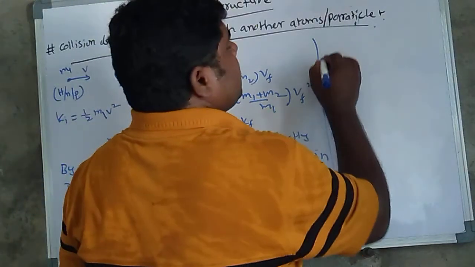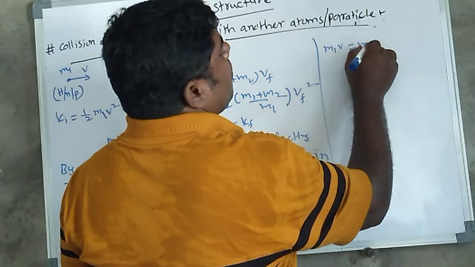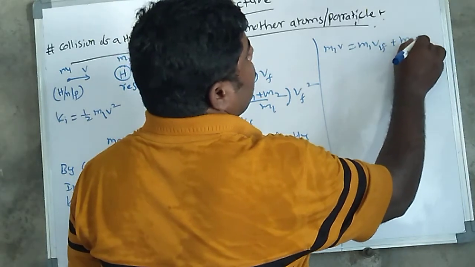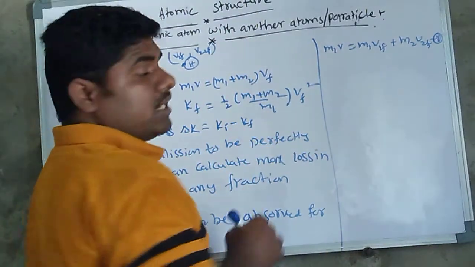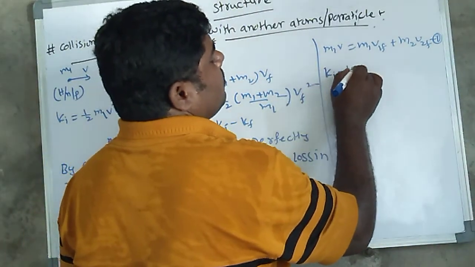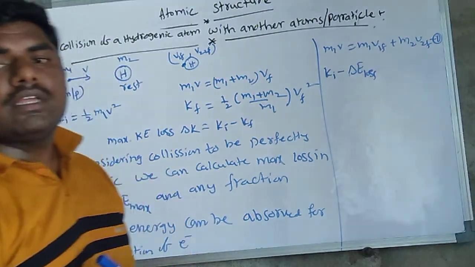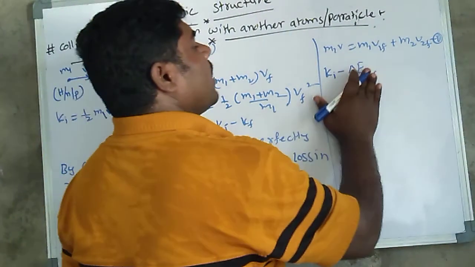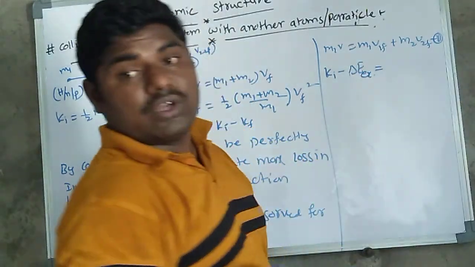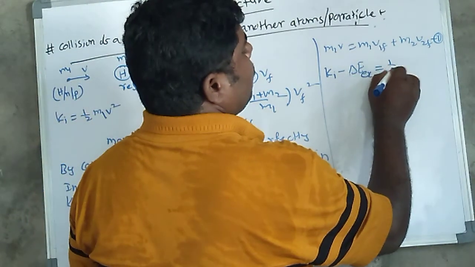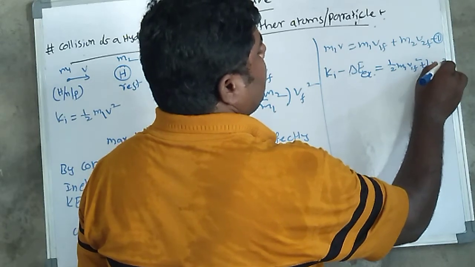In this case also, momentum: m1 v is equal to m1 v1 final plus m2 v2 final. This is equation 1. In this situation, the initial kinetic energy minus the loss, the excitation kinetic energy, should be equal to half m1 v1 final square plus half m2 v2 final square.